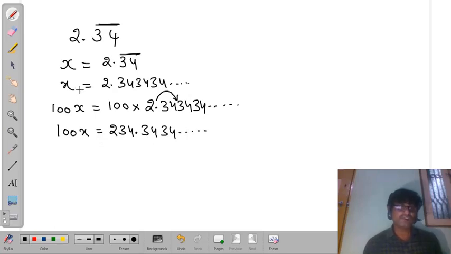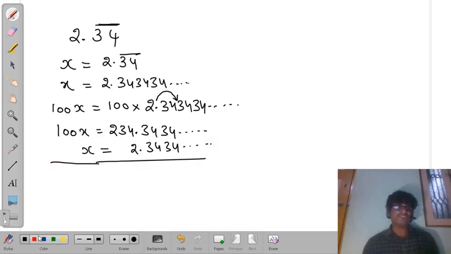Now what is x actually? We know that x equal to 2.343434 and so on. Okay, you subtract once again. If you subtract 100x minus x, how much? 99x. You have to take away 1x from 100x. So that will be 99x.